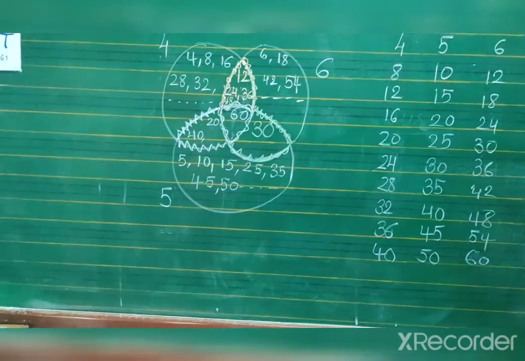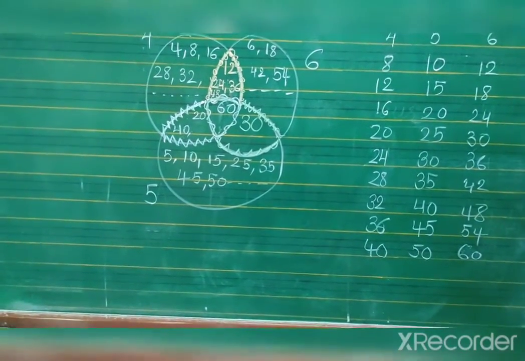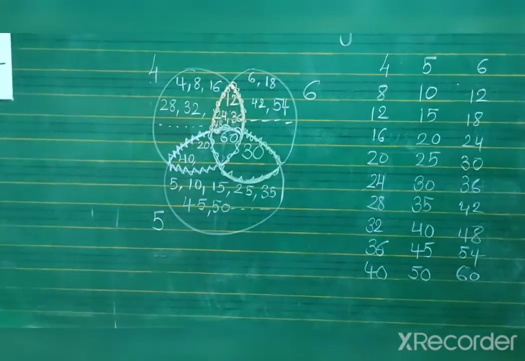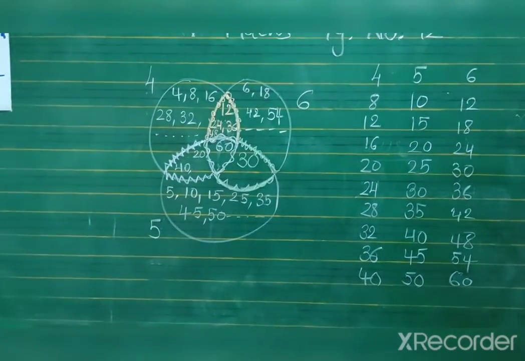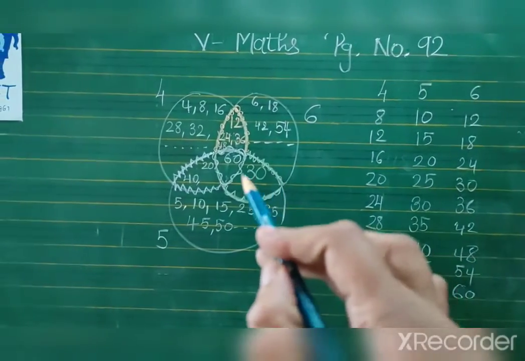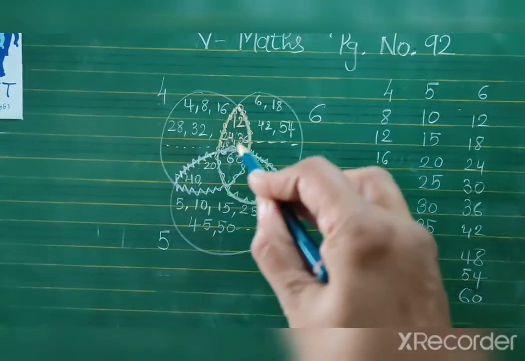And we will get many more, 120 also. 120 is divisible by 4, by 5 and by 6. So 120 also we can write in this shape.